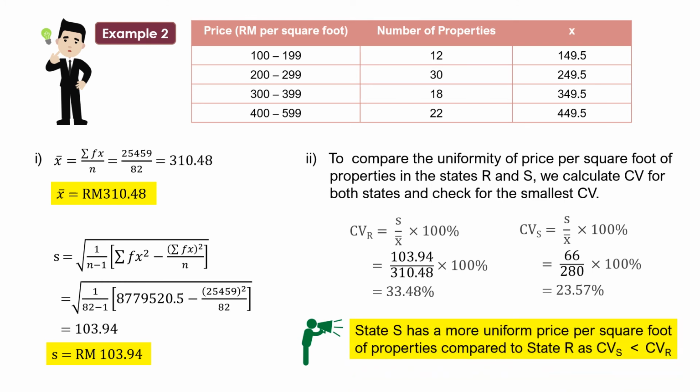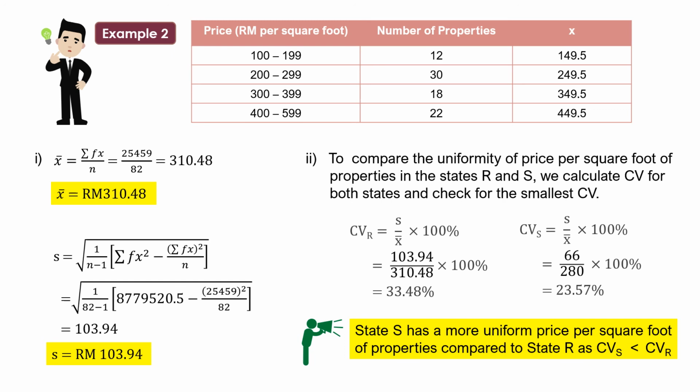Therefore, state S has a more uniform price per square foot of properties compared to state R, since the coefficient of variation for state S is smaller than the coefficient of variation for state R. As you can see, both data have different values of mean and standard deviation.